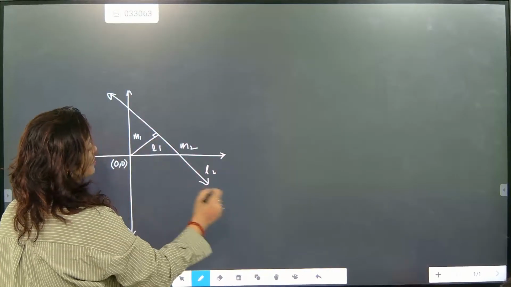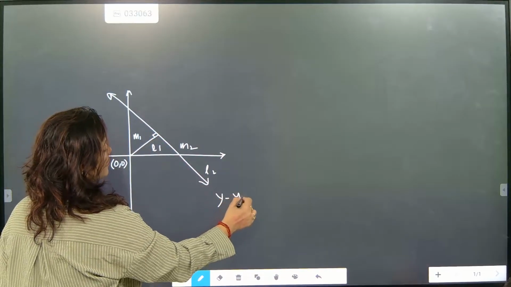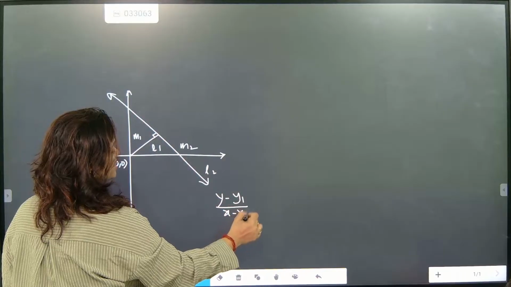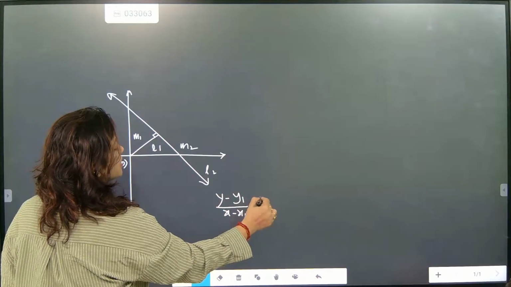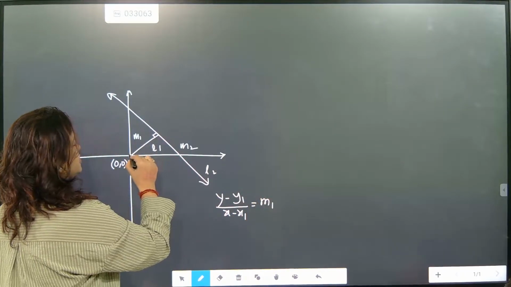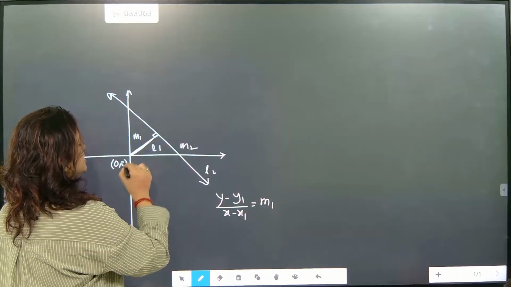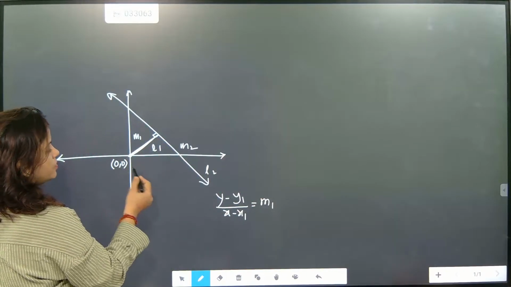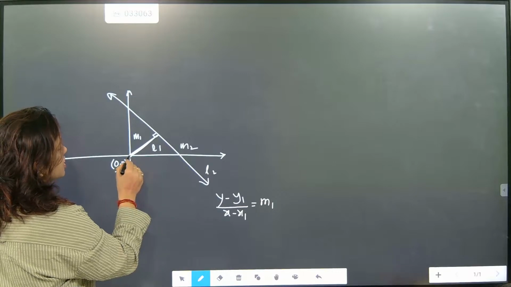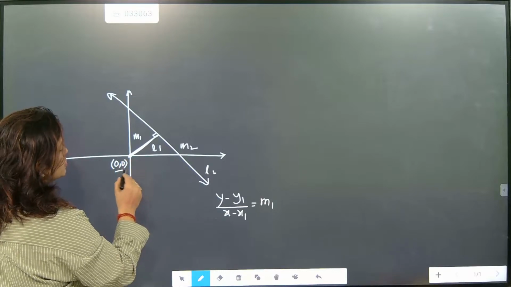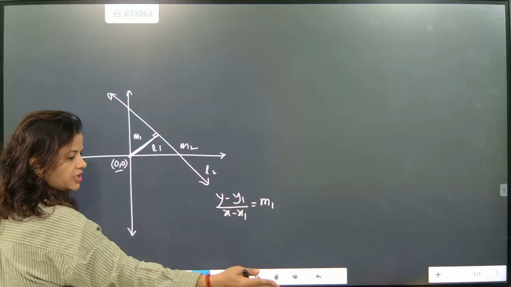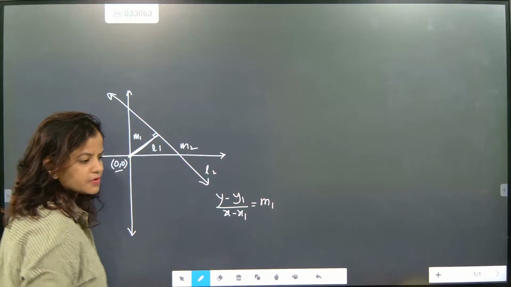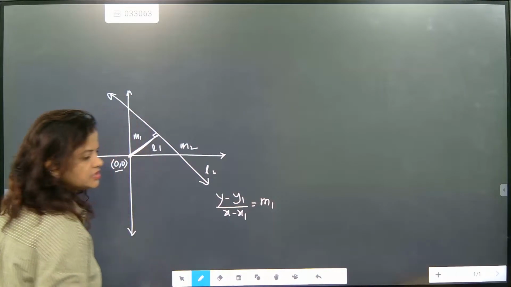So what we are going to write: y minus y1 by x minus x1 is equal to M1. That is the slope of this line, and it is starting from the origin. So we can take this point as 0, 0, x1 and y1, because the origin value 0, 0 is present. Let me shift a little bit so that you can see the screen.